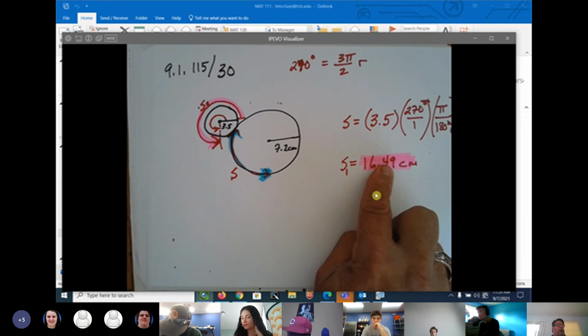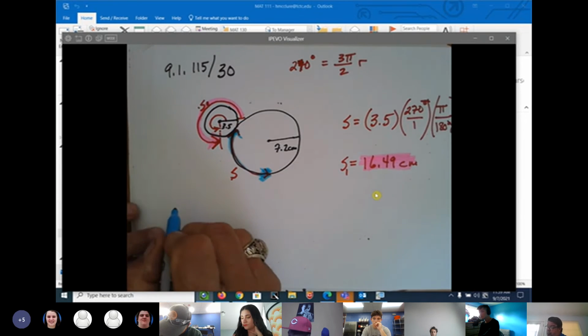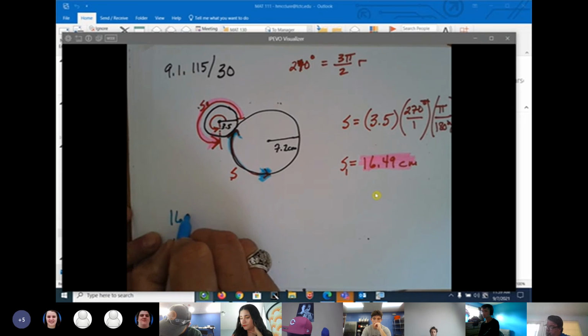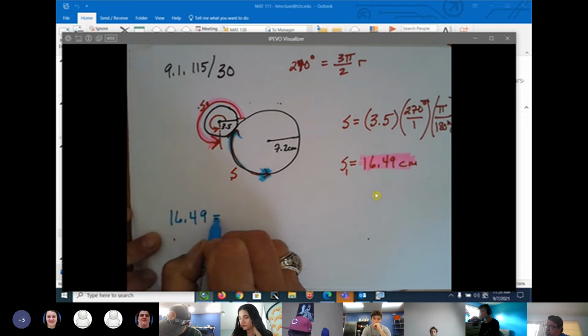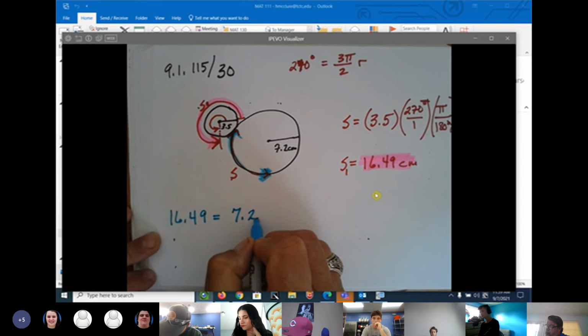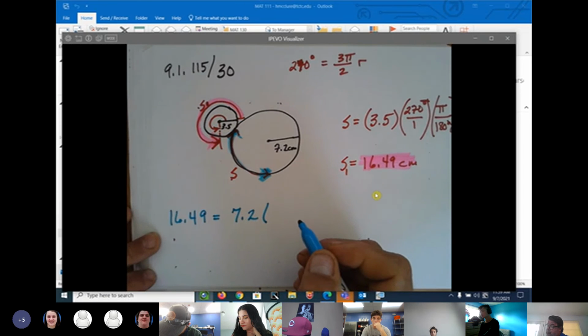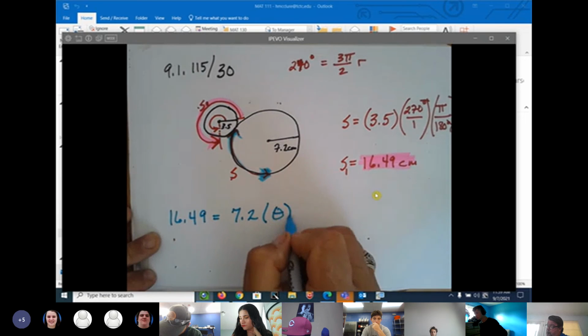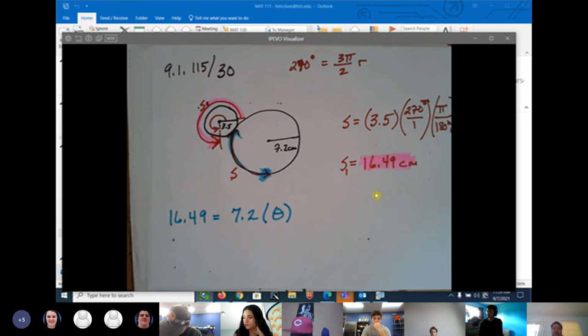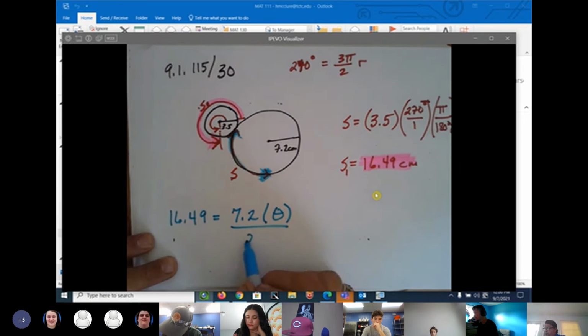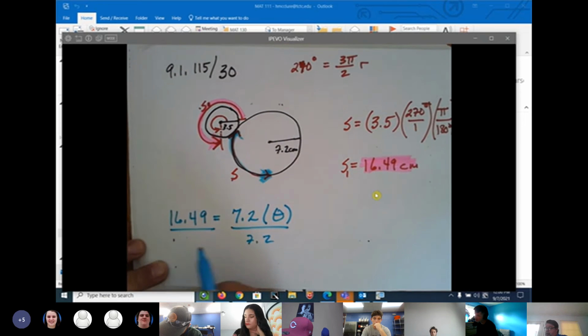I take my blue marker, and this is part B. 16.49 is equal to 7.2 times theta. And this is just like the problem we did a while ago. I'm going to divide by 7.2, then divide by pi, and then multiply by 180.